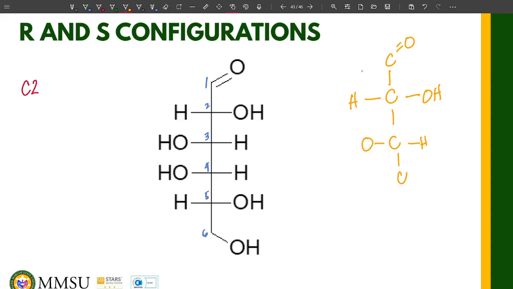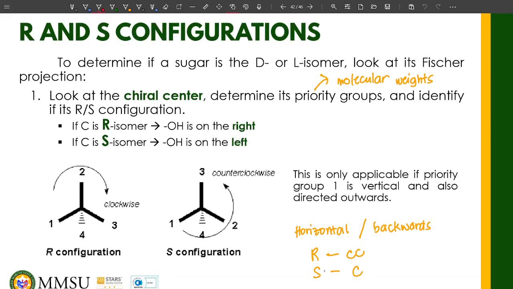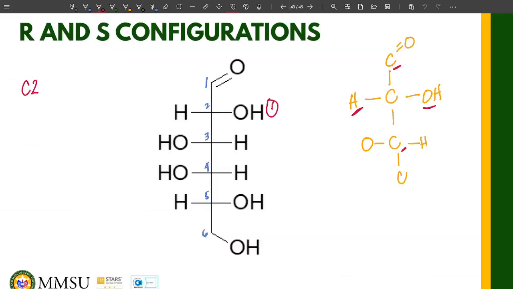So, your first point of comparison is between oxygen, carbon, hydrogen, and carbon. Of the three, oxygen is the heaviest, so this is your first priority. You can see it is horizontal, so the first priority group is horizontal. So what you follow is this one: R is counterclockwise and S is clockwise.